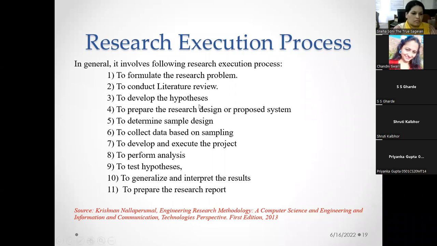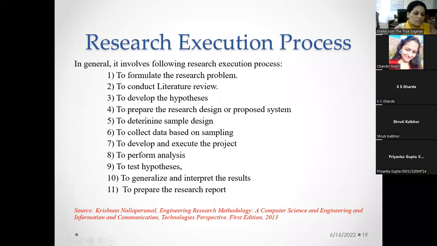If you fail to produce a proper objective, you are moving towards the failure of your research. So try to focus on proper objectives, on what exactly you want to do in your research. That point you should mention in the objective. So develop the objective and hypothesis in the most careful way.